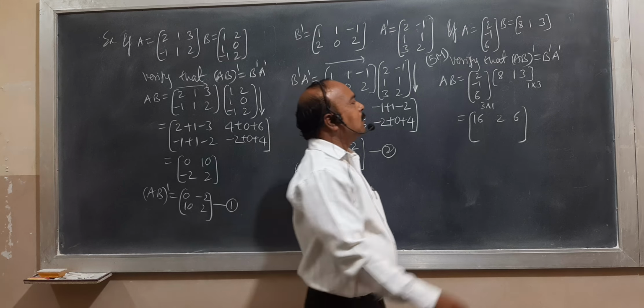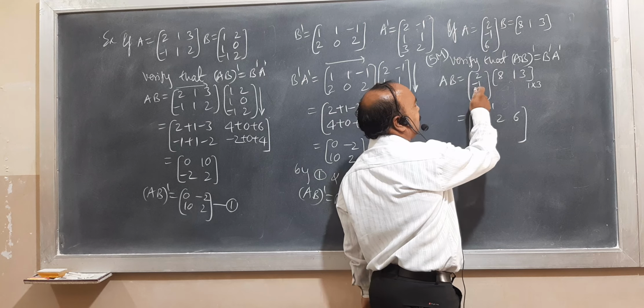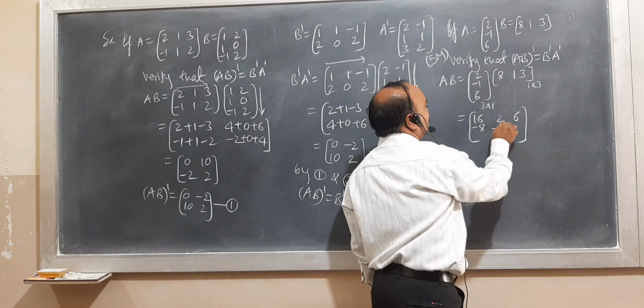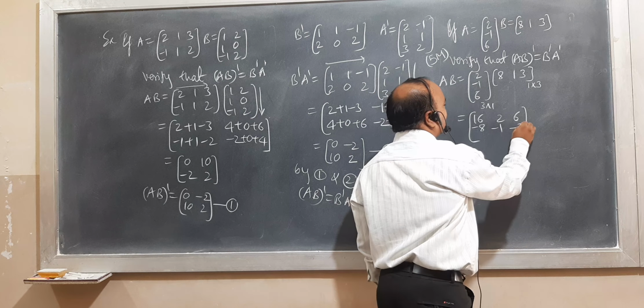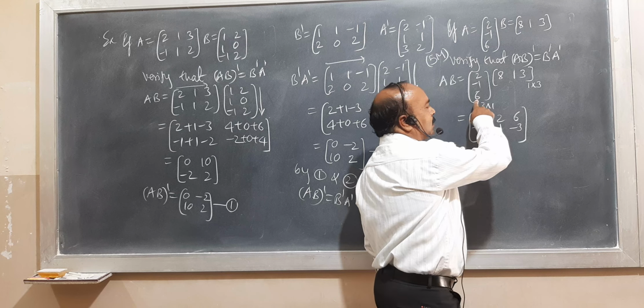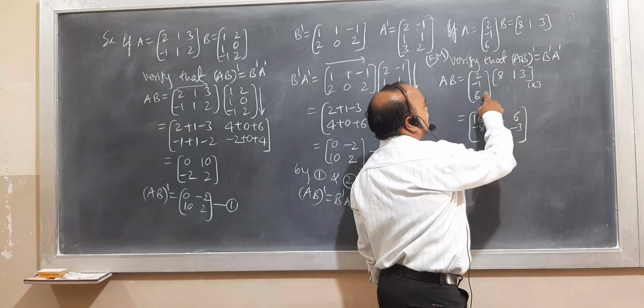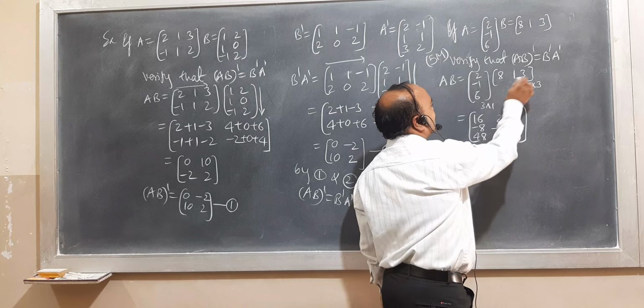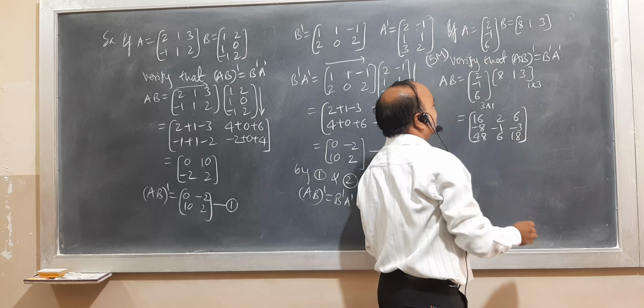First row completed. Next, take second element with all the columns. Minus 1 into 8, minus 8, minus 1 into 1, minus 1, minus 1 into 3 is minus 3. Next, third element with all the columns. 6 into 8, 48, 6 into 1 is 6, 6 into 3 is 18. Now it is AB.